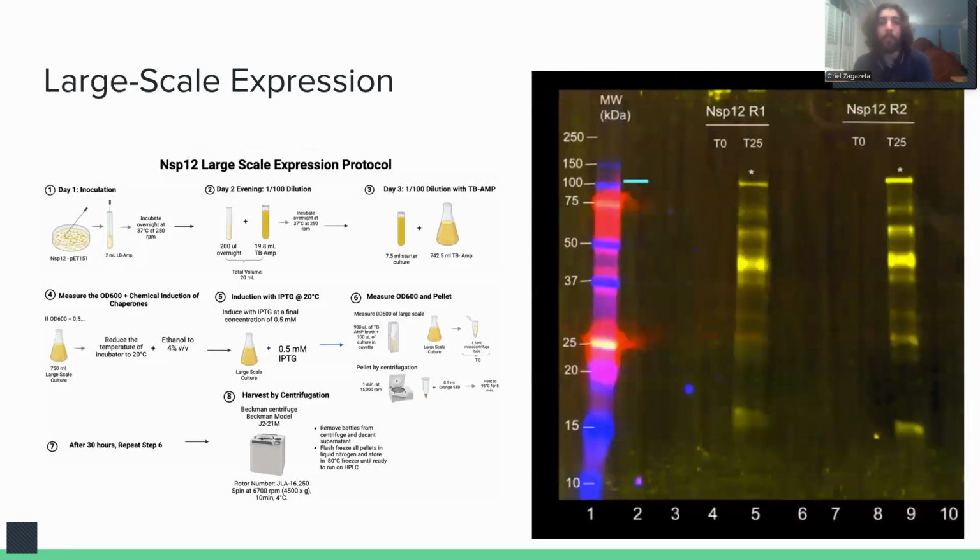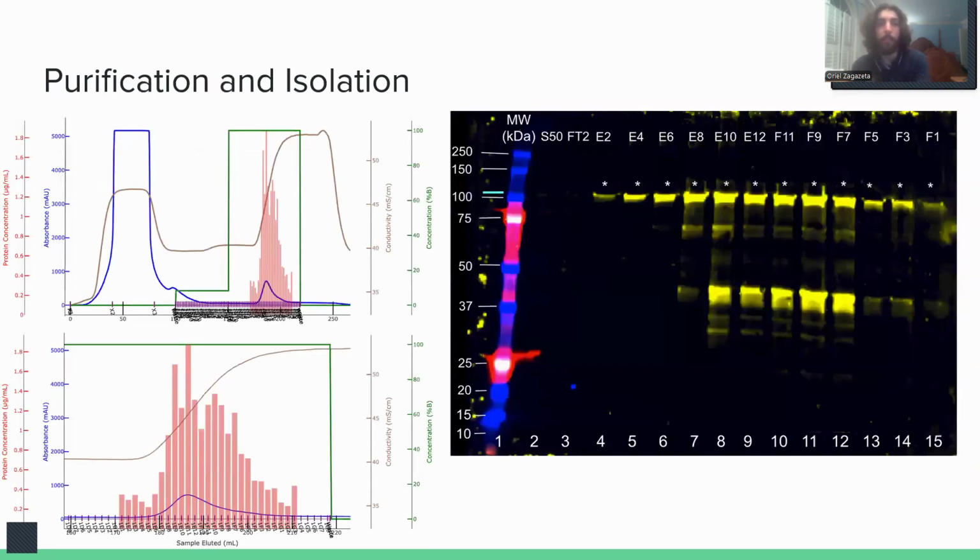So going into the large-scale expression protocol, basically I just amped everything up so that we could get as much protein as possible per run. And these also showed similar results. We have a very strong band at 110 kilodaltons for NSP12. And then moving on to purification and isolation, I used an immobilized metal affinity chromatography column with a fast protein liquid chromatography system.